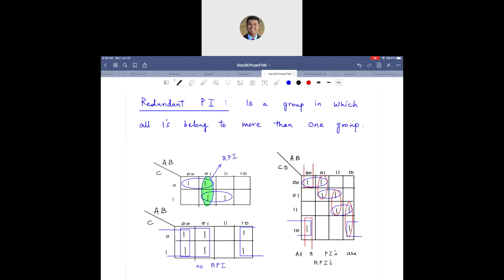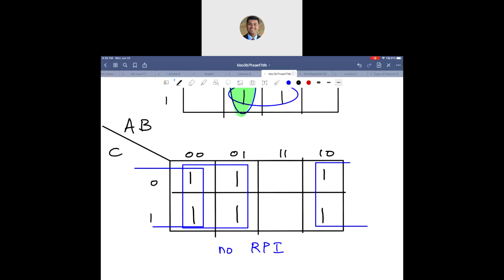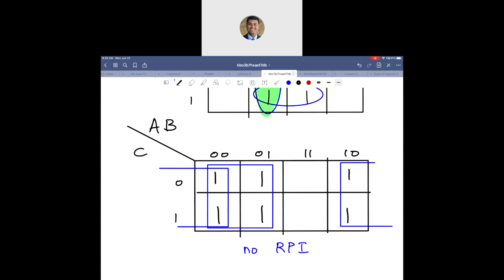For the second example, why are there no redundant prime implicants? So you see this? For the second example, there are two groups. One is this guy, which was A complement, and the other was this, which was B complement. A complement has these two ones that belong to only one group.